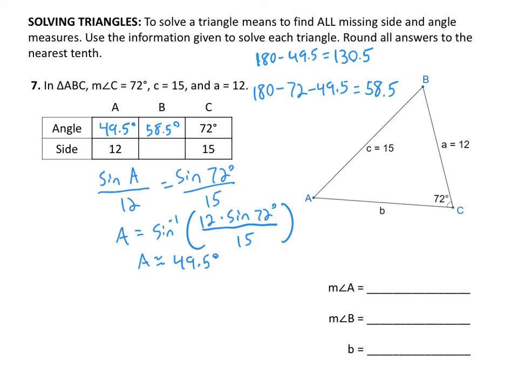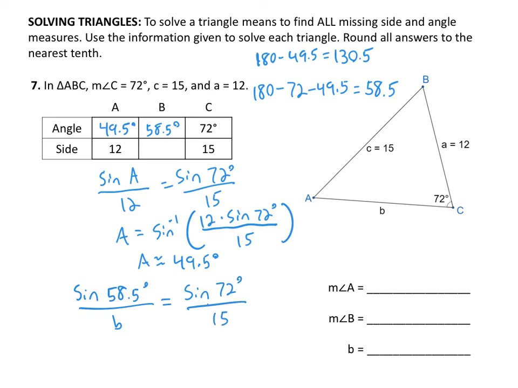So to solve for side B, some of you might be thinking, oh, why don't we just use the Pythagorean theorem? We can't. It's not a right triangle. The Pythagorean theorem only works for right triangles. So we have to use the law of sines and law of cosines, even to solve for the third side in a triangle. Let's do it. I'm going to use C and B. So sine of 58.5 degrees over little b equals sine of 72 degrees over 15.